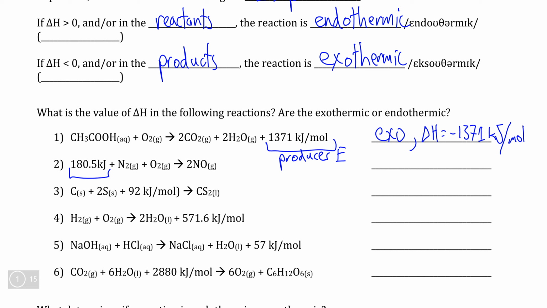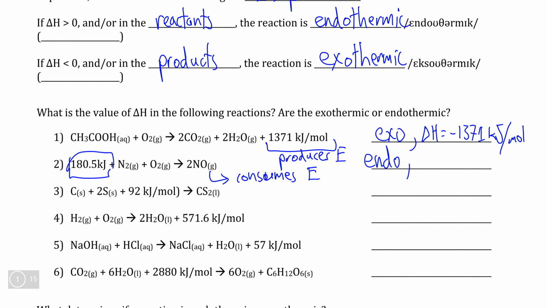Conversely, this reaction here, the synthesis of nitrogen monoxide, we see that the energy term is actually a reactant, which means that this reaction consumes energy. What this means is that in order for this reaction to occur, we would need to add 180.5 kilojoules per mole in order for this reaction to successfully occur. And because the energy is in the reactants, we define this as an endothermic reaction.